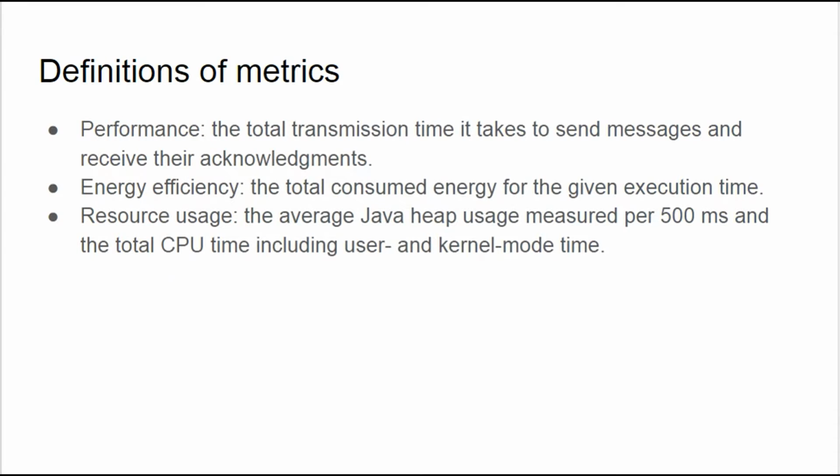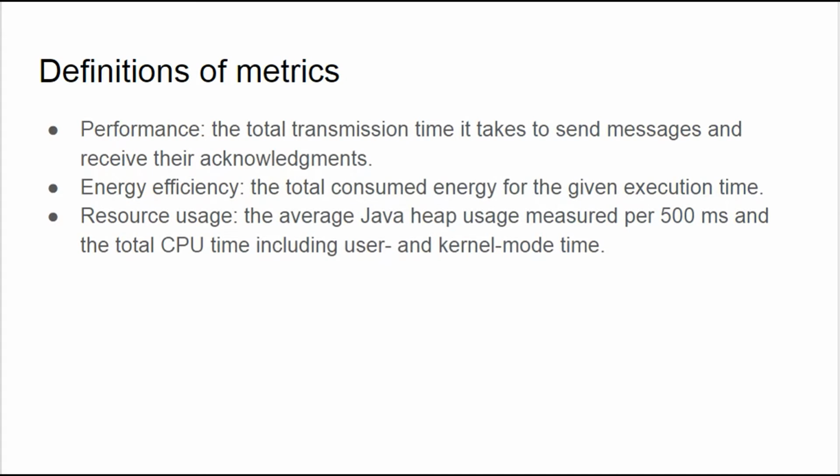Before we compare the various protocols, we need to look at the definitions of metrics by which they are compared. Performance: by performance, we mean the time needed to send messages and receive their acknowledgements. Energy efficiency means the total energy consumed for a given execution time.